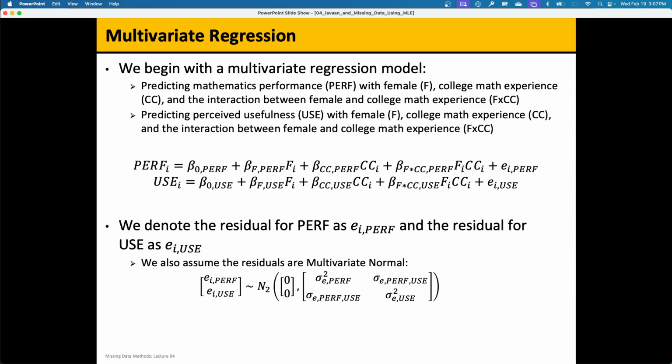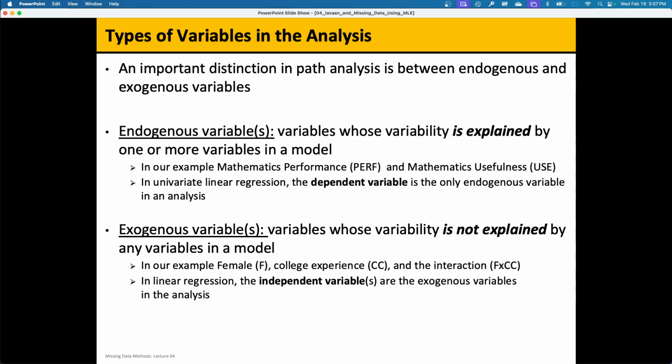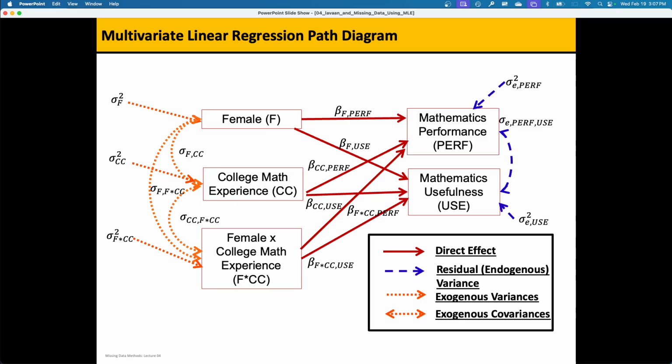And this is just more of a tabulation distinction, but for the mathematics behind path analysis, if you're looking for a good book, David Kaplan's books on structural equation modeling are fantastic. Lots of matrices, but very good.